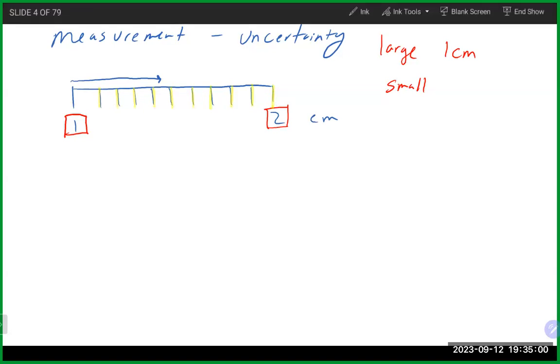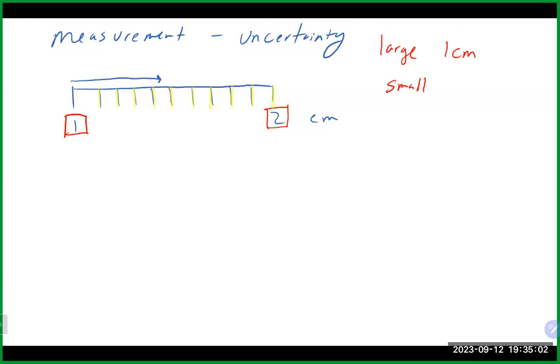That means that each of the smaller markings in this case is how much? 0.1 centimeters, right? You get that by taking 1 divided by 10, by the way. Yes, there are 10 little markings. That means that this one right here is 1.1, 1.2, 1.3, 1.4, 1.5, 1.6, 1.7, 1.8, 1.9, and 2 as we get over there.